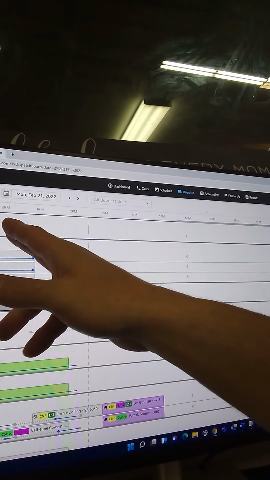But where's 2 a.m. going to be? It's not even going to be on the screen. And there's no reason for someone in the office to scroll all the way back to check at midnight, at 1 a.m., at 2 a.m., at 4 a.m. in the morning, because we don't schedule appointments at that time.